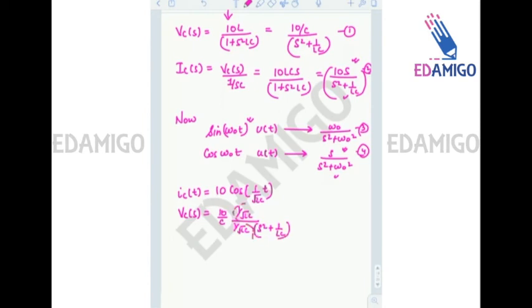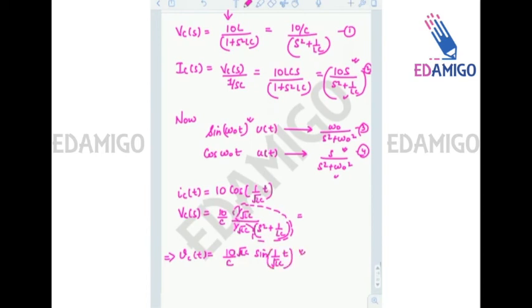So this whole term will give us VCT, VCT will be equal to 10 upon C multiplied by root LC sine of 1 upon root LC into T. So this is your voltage and current.